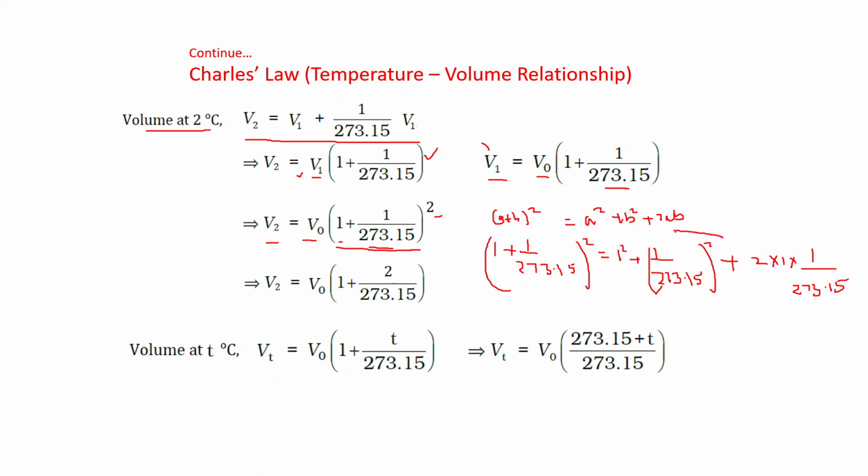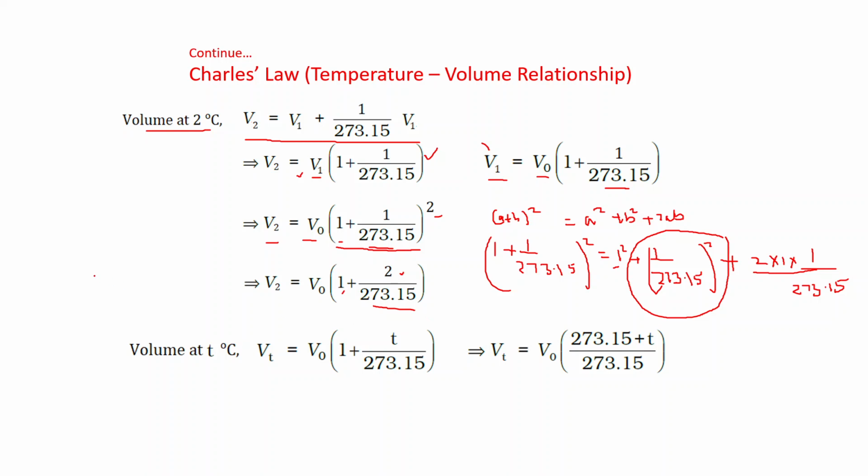Now if we solve this, the term 1 divided by the square of 273.15 has a very small magnitude, that's why it is ignored. Then what is left? We can say this is 1 square plus, if you multiply, we will get 1 plus 2/273.15.